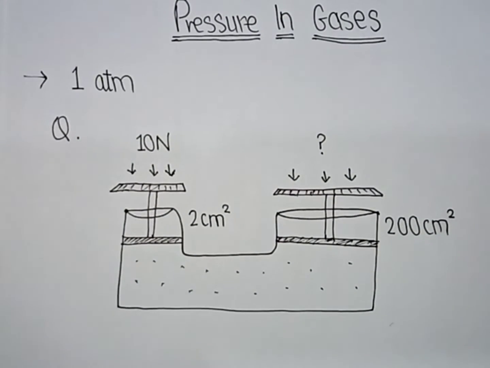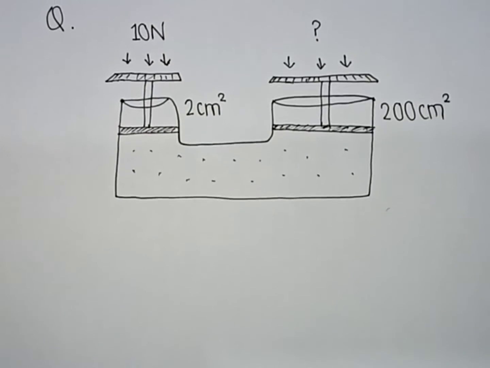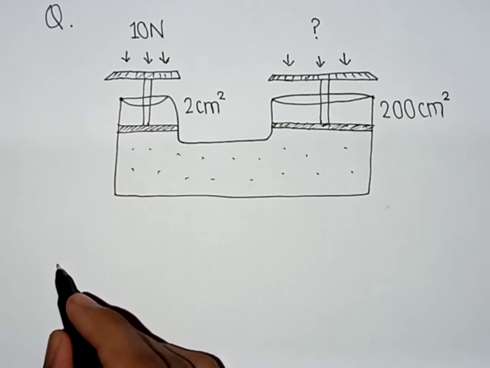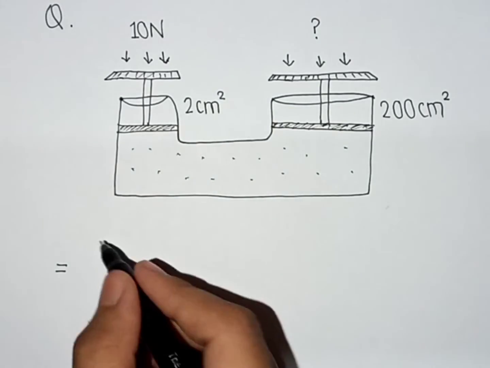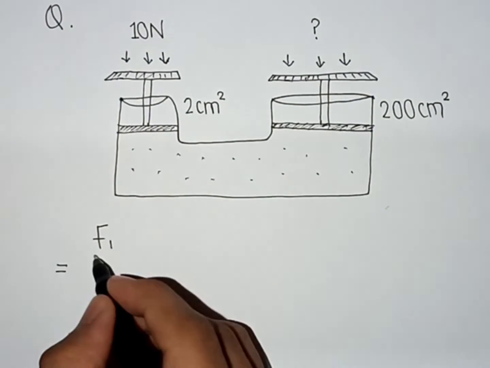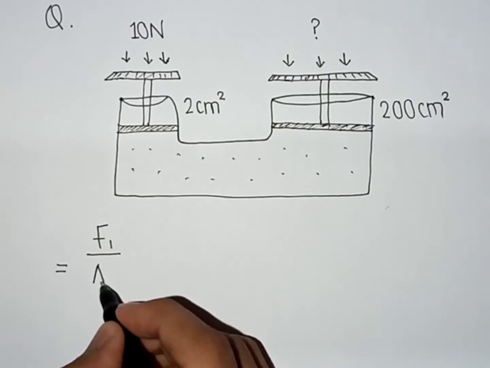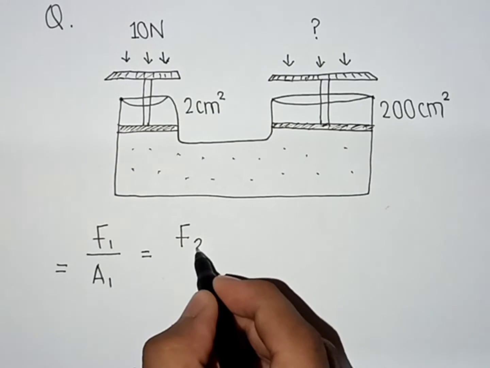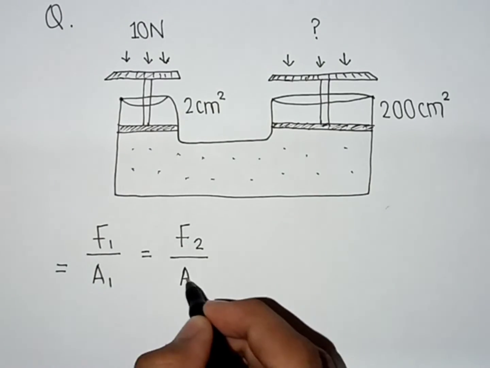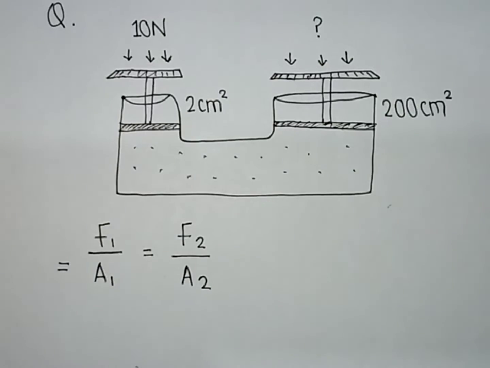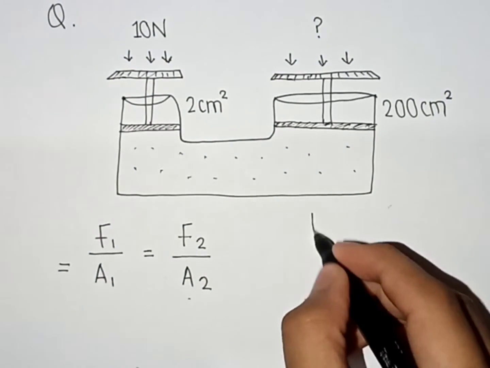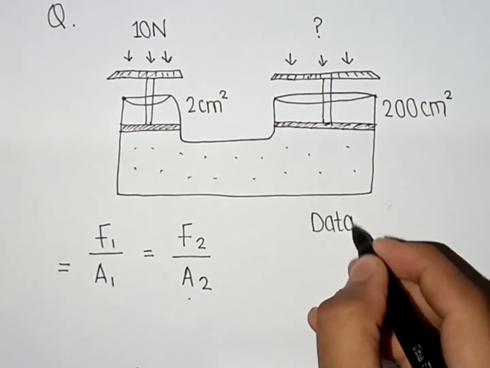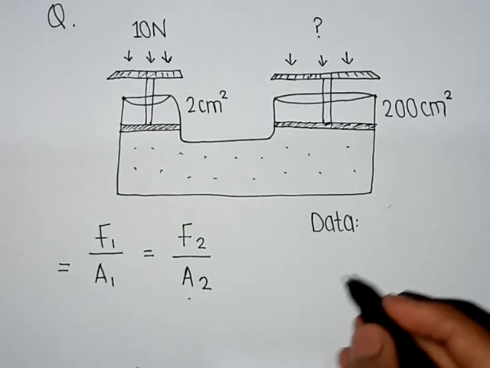Here is a formula applying to every question, and this is the easiest one. It is represented as force 1 upon area 1 is equal to force 2 upon area 2. Now, you do not make the data in the question, you have to sense the data.